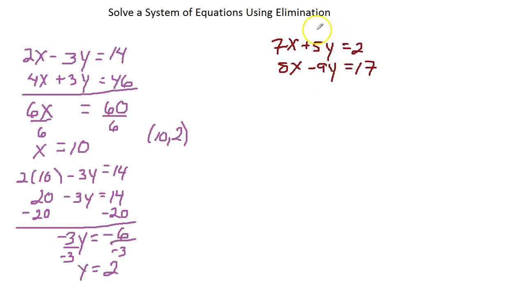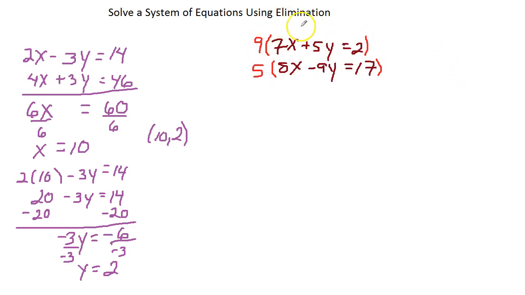Well, we know that if we multiplied the top equation by 9, we're going to get a 45y. And if we multiply the bottom equation by 5, we're going to get negative 45y. So I'm going to take top equation times 9 and the bottom equation times 5.